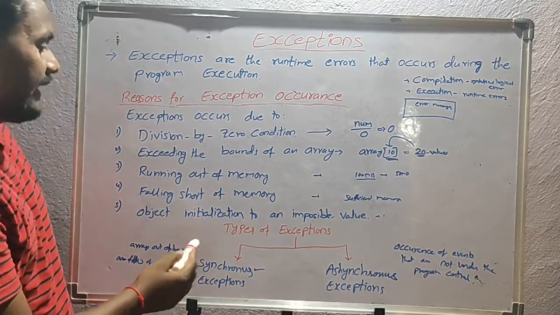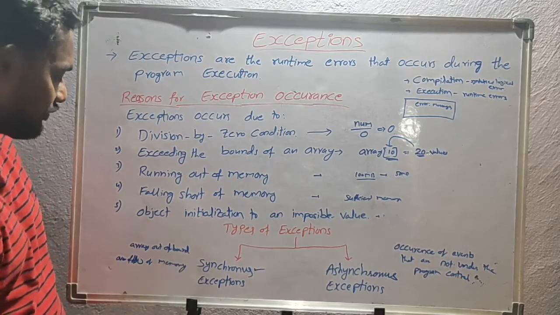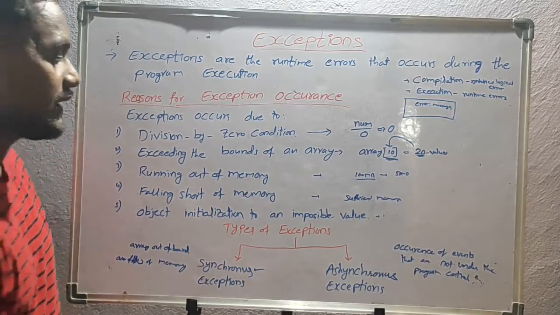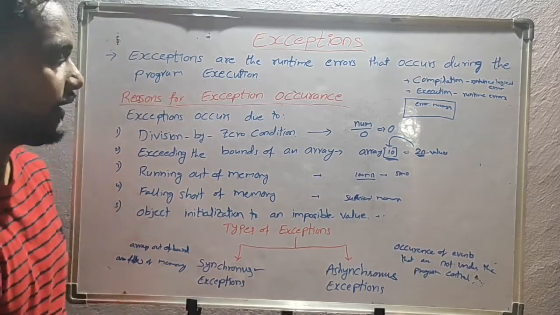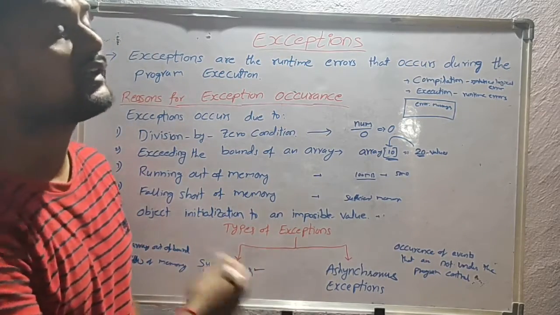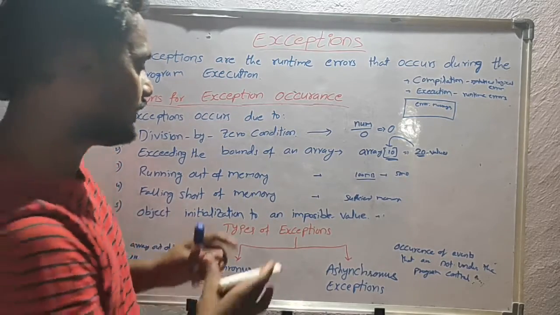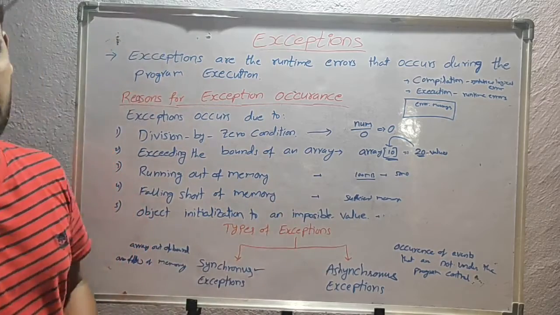Here, array out of bound and overflow of memory are the synchronous exceptions, and the asynchronous exceptions are occurrences of events that are not under the control of program execution. Okay? And these are the two types of exceptions.